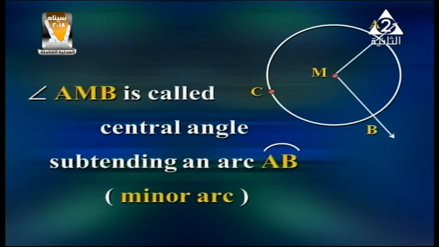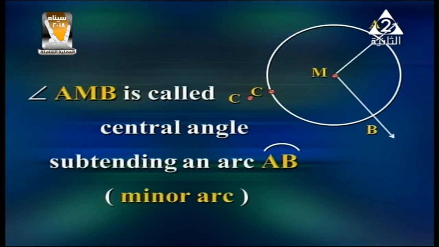What about angle AMB? Angle AMB is called central angle. It means it is an angle whose vertex is lying on the center of the circle, and it is subtending an arc AB, which is the minor arc. What about angle AMB reflex?